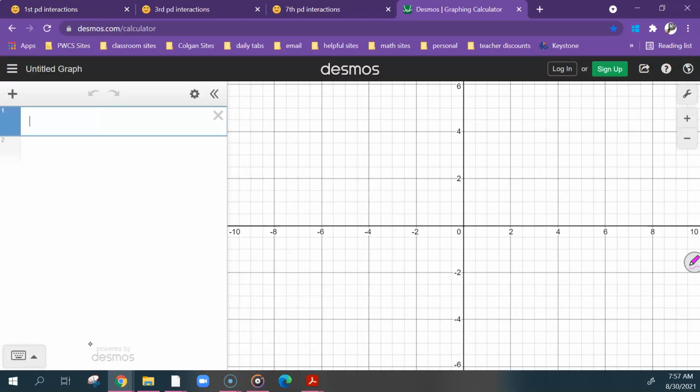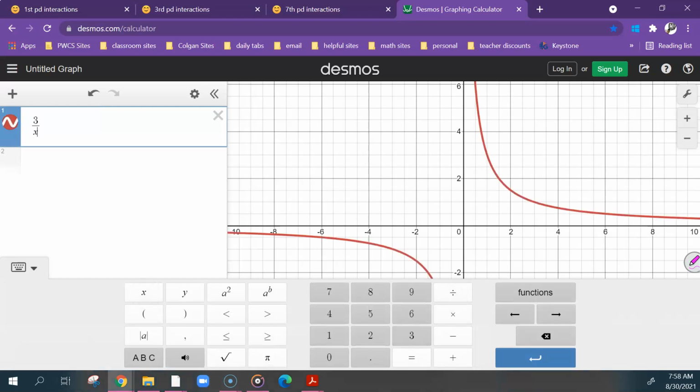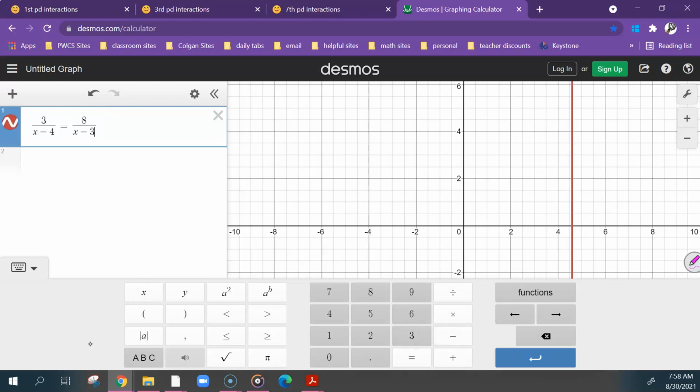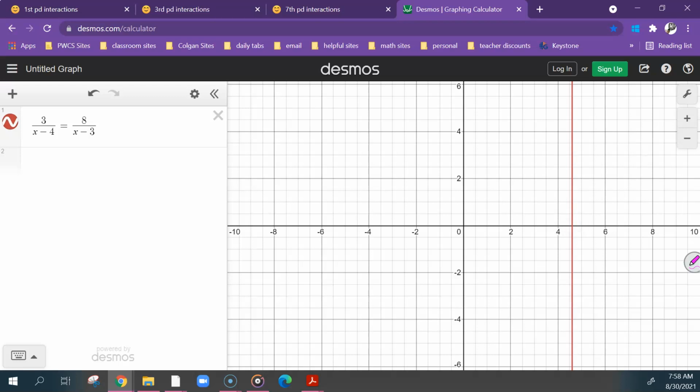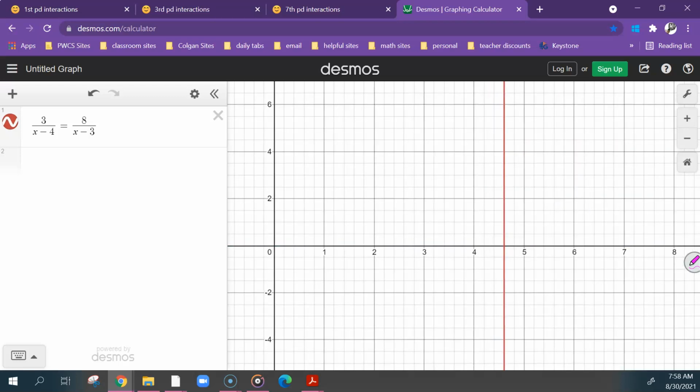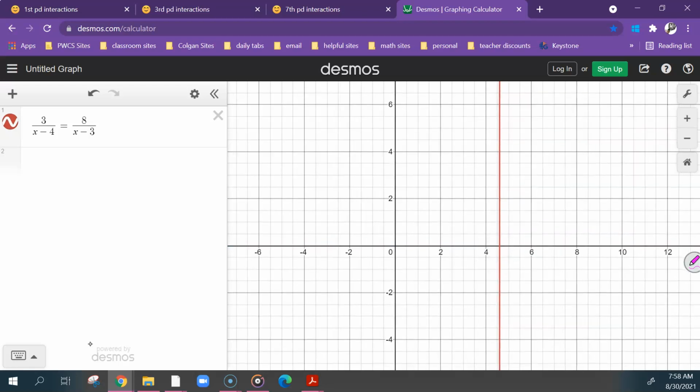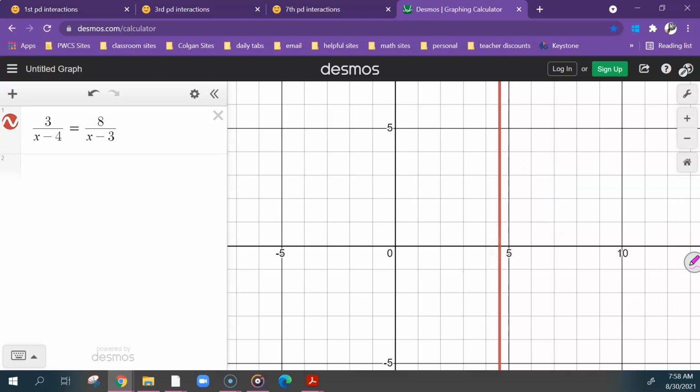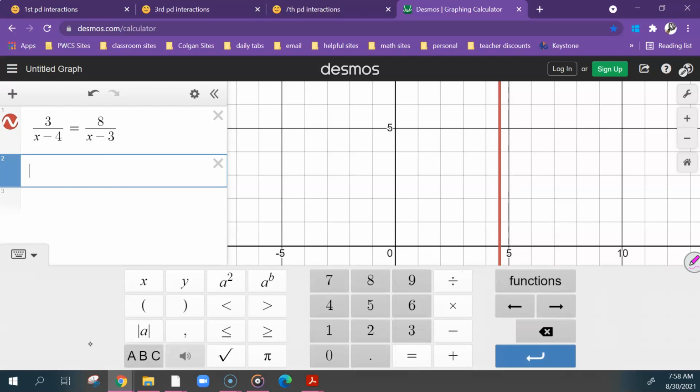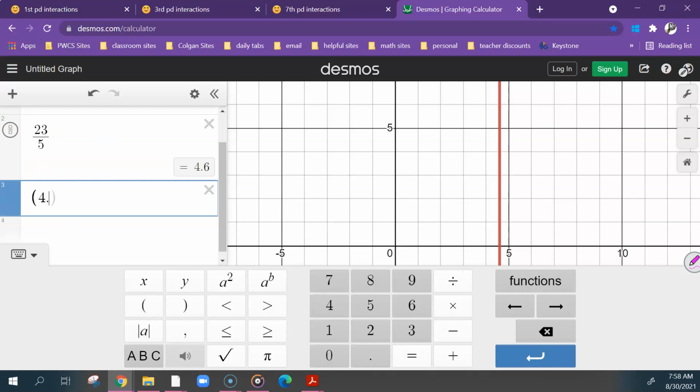The fraction one, it doesn't matter. Usually it does, but that does work. That is the answer we got.